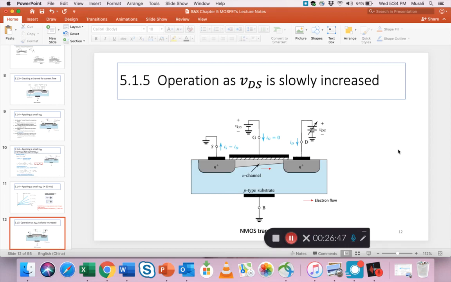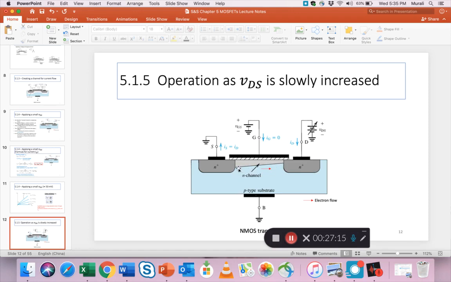Now we are starting to increase VDS. Okay, so the previous slides were about VDS being small, about 50 millivolts. So slowly, as you increase, what's going to happen? That is the interesting portion next. So what you see is this channel, which previously we showed as just a straight line, is now taking on a certain profile, right?